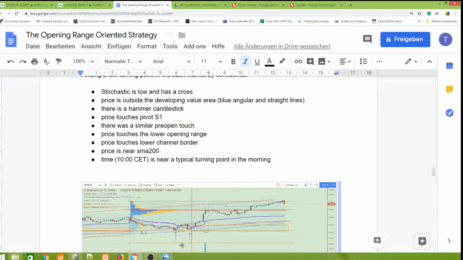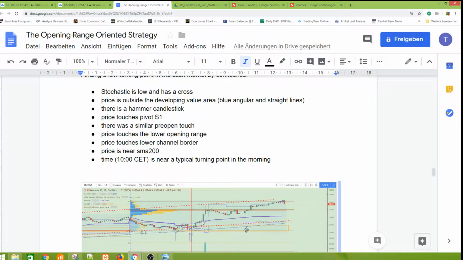Then we have a hammer candlestick, and we have a similar pre-open touch of this low. We don't trade this because it's not the cash market, it's just the futures market and option market. And price touches the lower opening range.